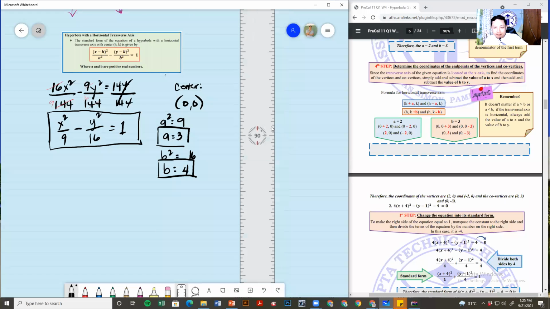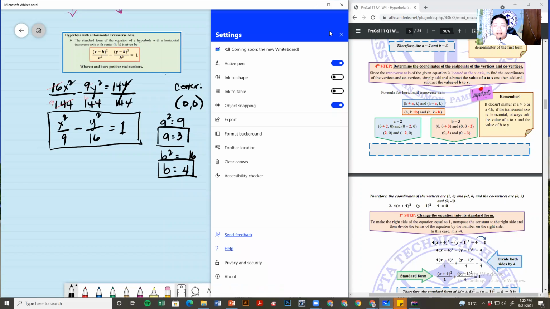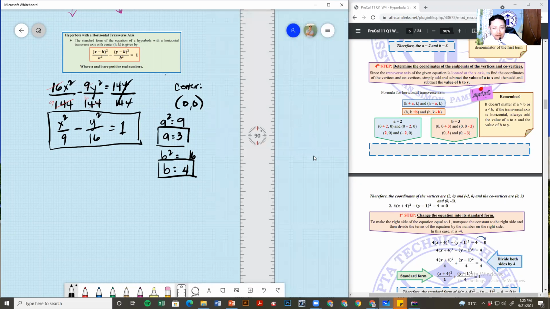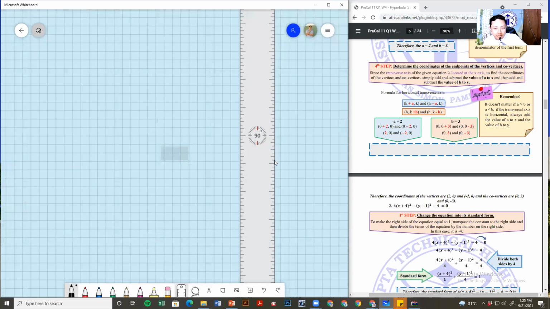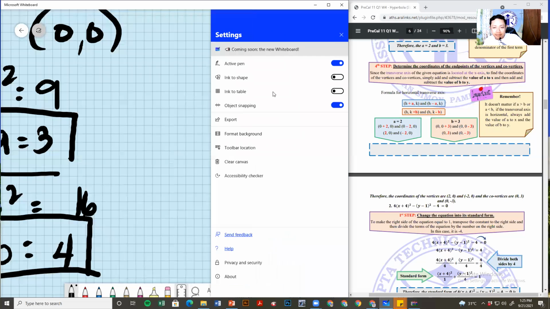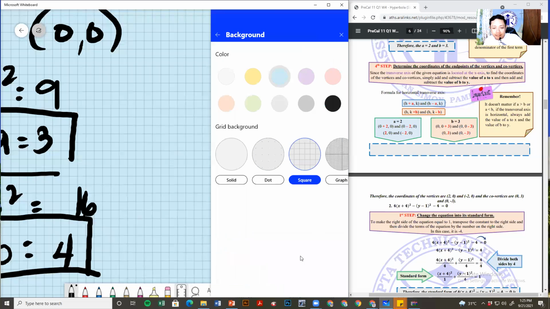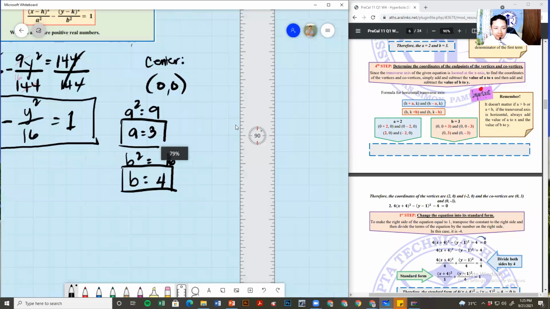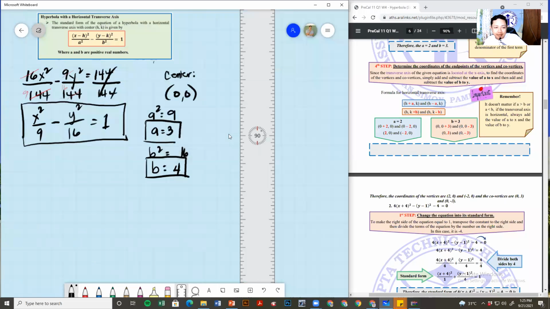I'll just make my Cartesian plane. Ay, dapat pala naka-ano ako. Let me change lang the background, sorry. Sobrang laki pala nun. Okay, this one na lang. Oh, this is a lot better.